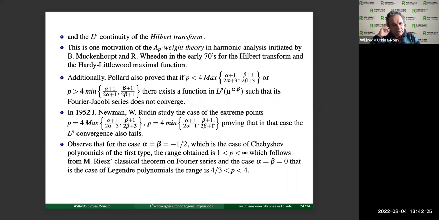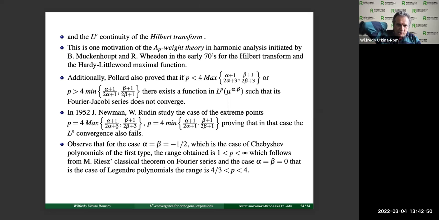In particular, if alpha and beta are equal to -1/2, this is infinity. 2 alpha plus 1 is infinity. And 2 alpha is -1, so this is 2.